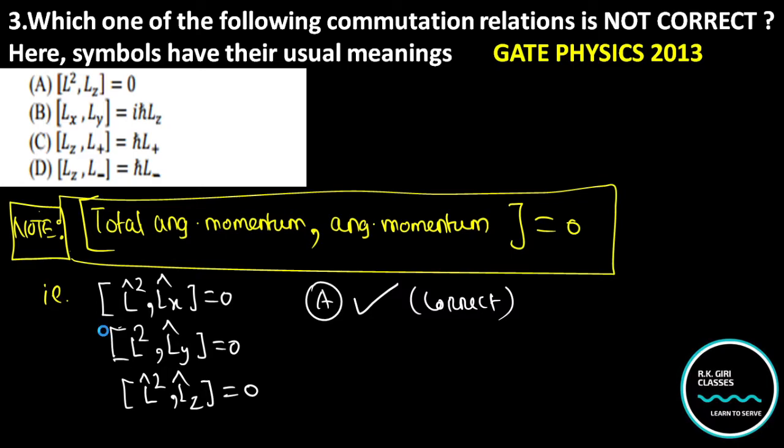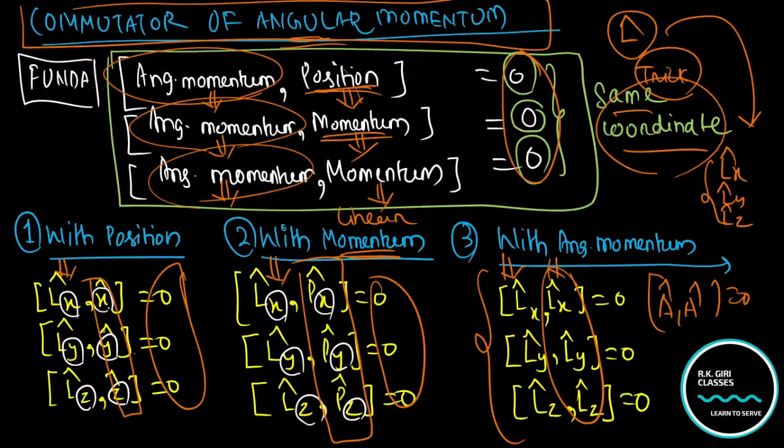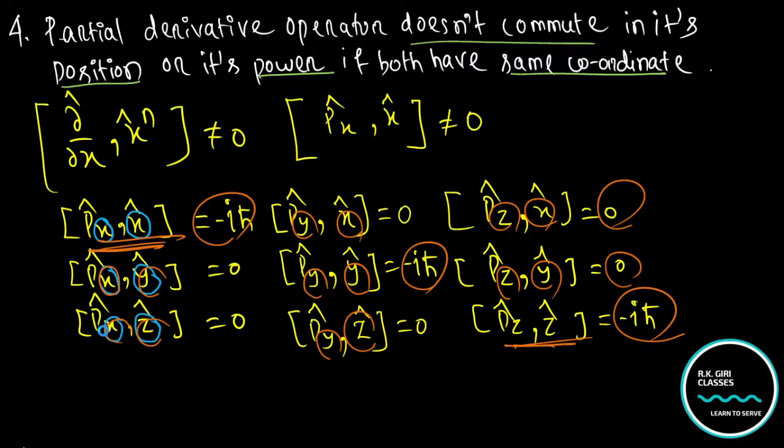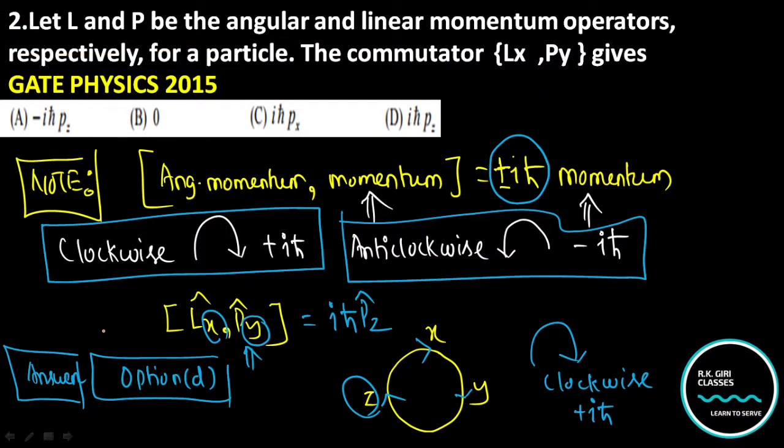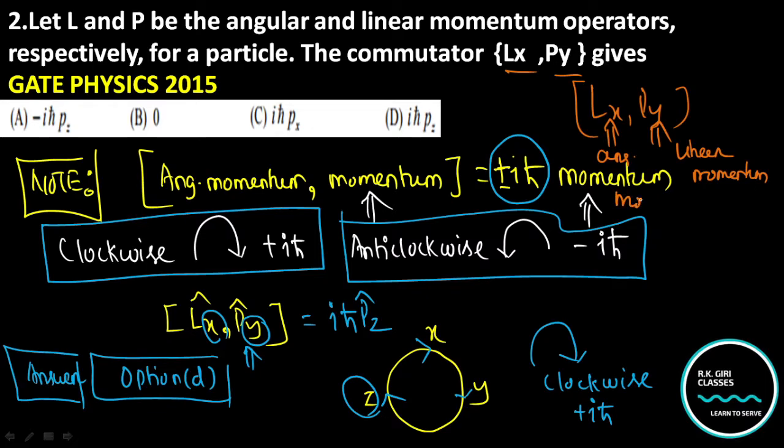Now we will find question number 3 easily, but before that you have to solve question number 2. Now you will find this one, that is Lx and py. This is angular momentum, and this is your linear momentum. When this is linear momentum, the result will be according to linear momentum.